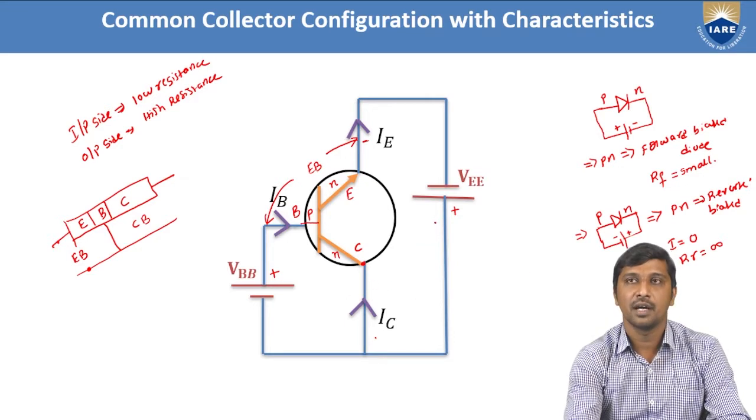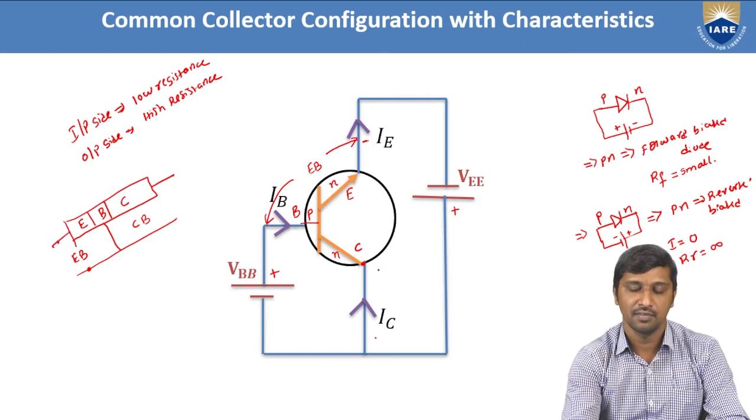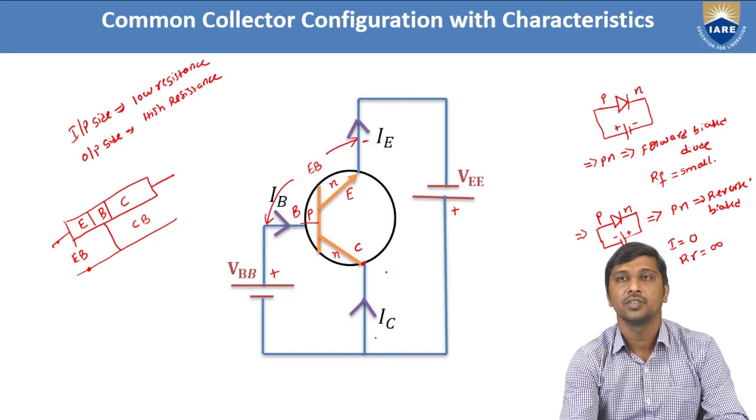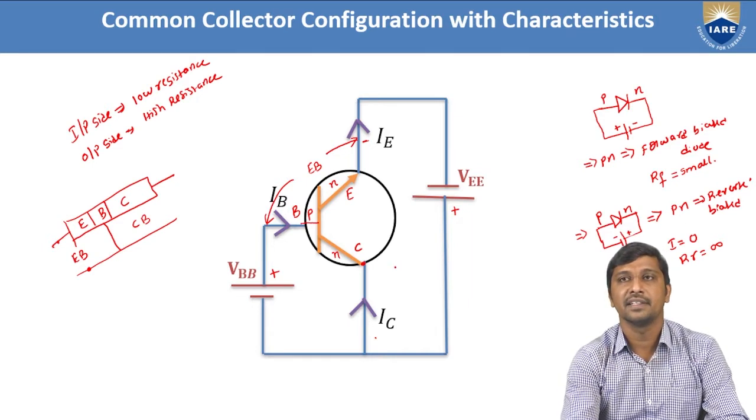Based on this approach of VEE with respect to the emitter and the base, internally the collector-base junction becomes reverse biased.